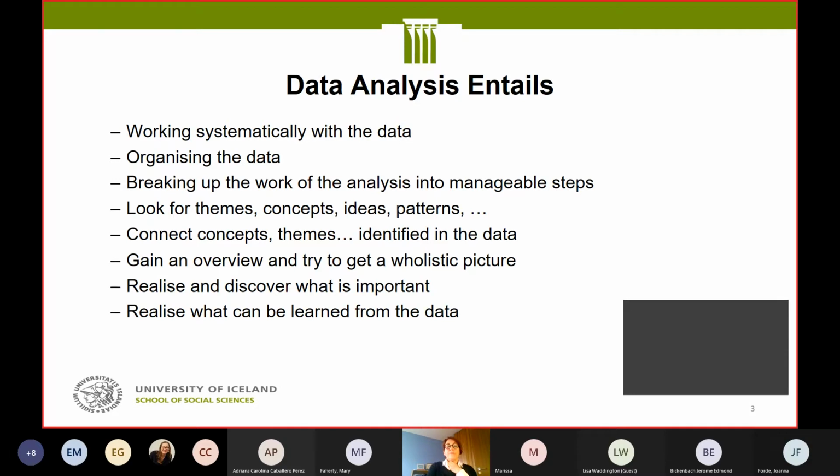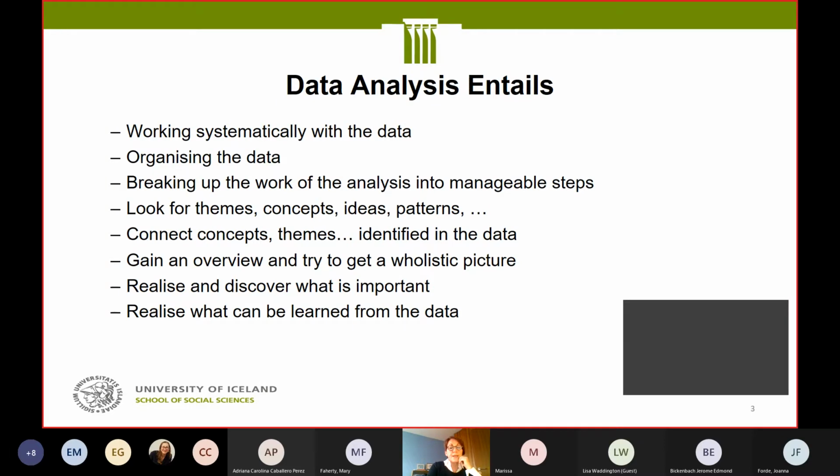Often people have a lot of data they have collected and have not started to analyze, and it seems not very doable to analyze it. So part of what I do today is to help you break it into steps that make it easier to work with the data and analyze it.